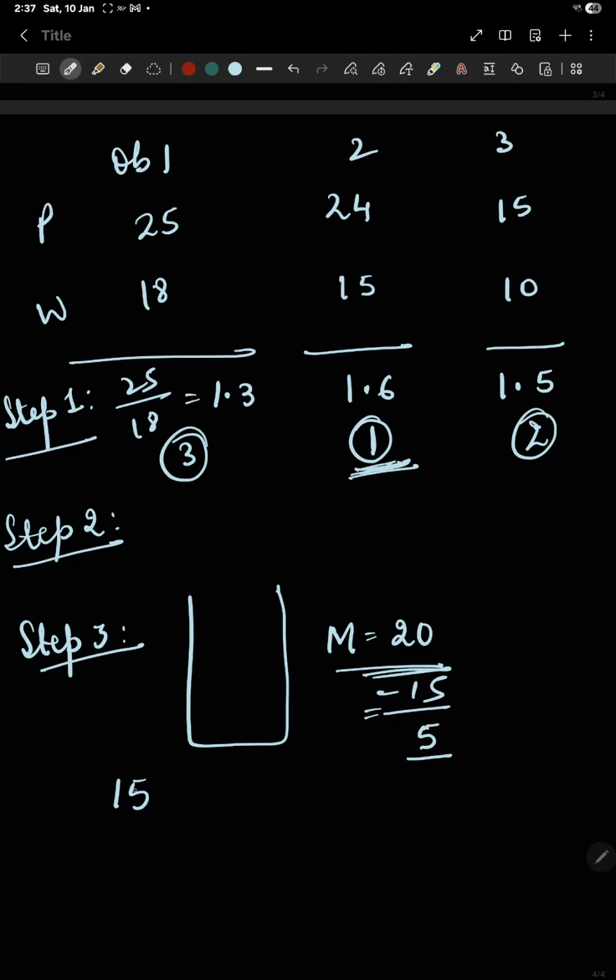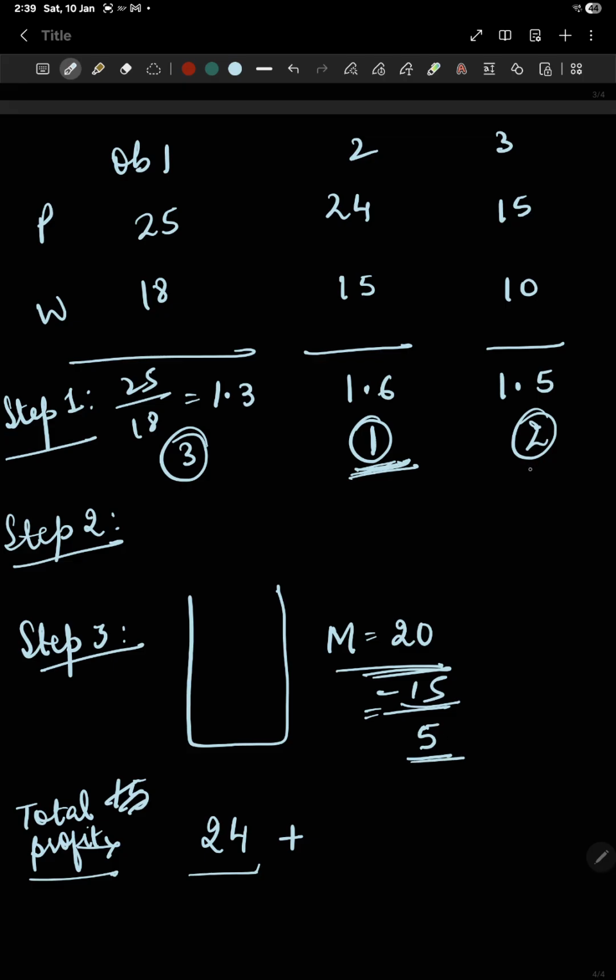We'll take its profit 24, because we have to calculate the total, the maximum profit. We take the whole 24, because 15 out of 20 is taken. Now the leftover is 5.